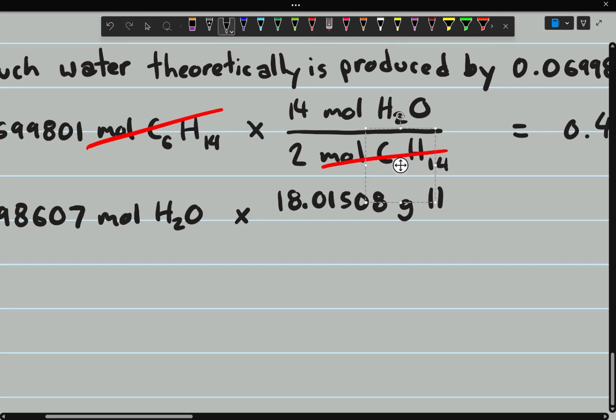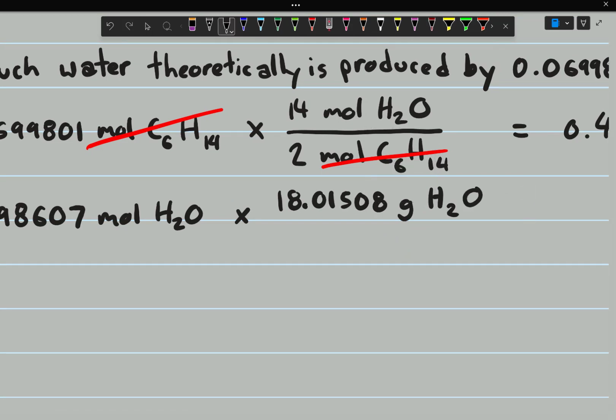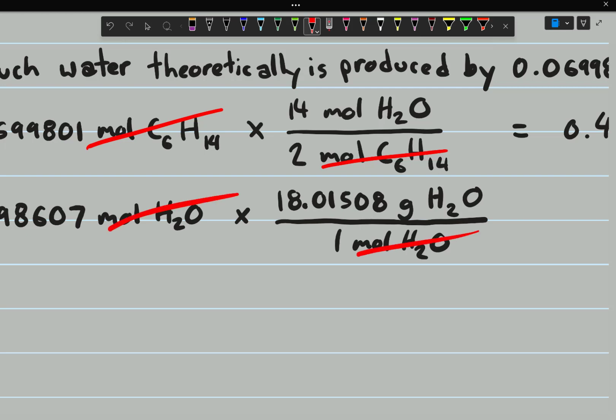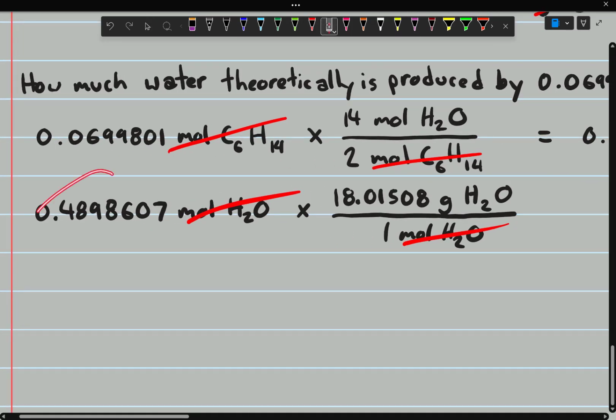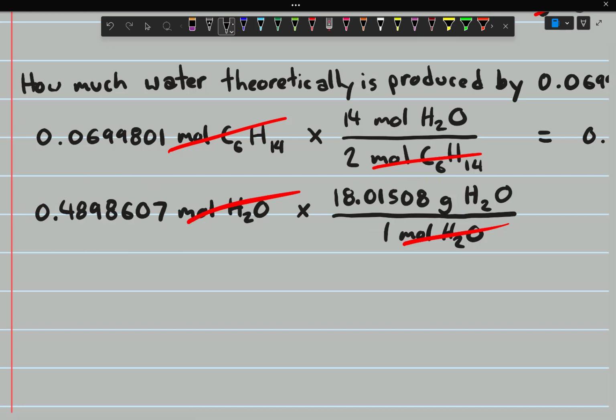So, we have 18.01508 grams of water for every 1 mole of water. And the moles cancel, and you're left with your moles of water multiplied by how many grams per 1 mole of water.